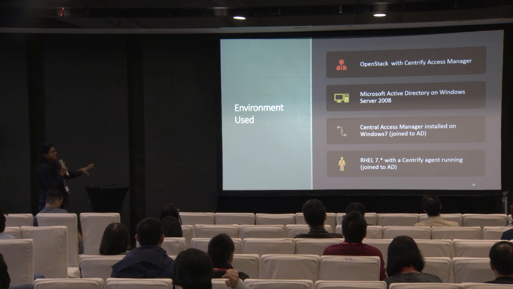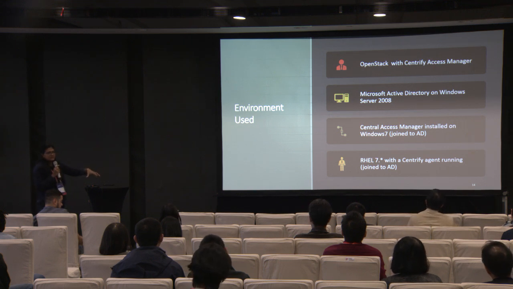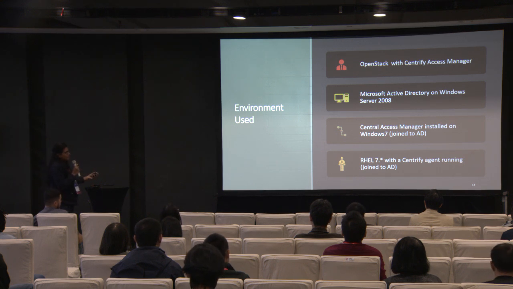And the OpenStack that we used was installed on RHEL 7, and it had the Centrify agent running. So effectively, you can imagine OpenStack running on RHEL 7, talking to Centrify Access Manager, which effectively is joined to Active Directory.